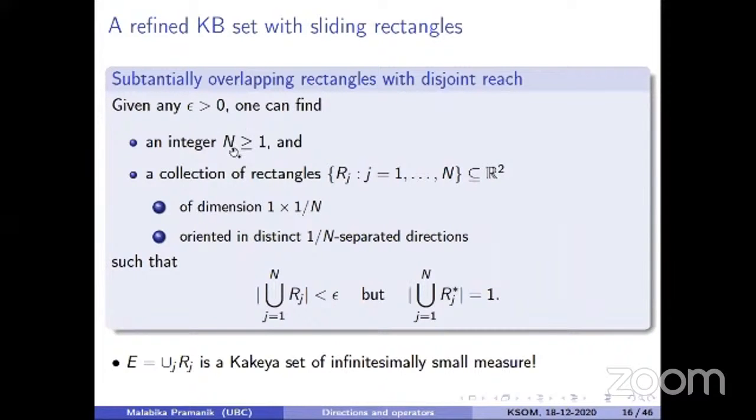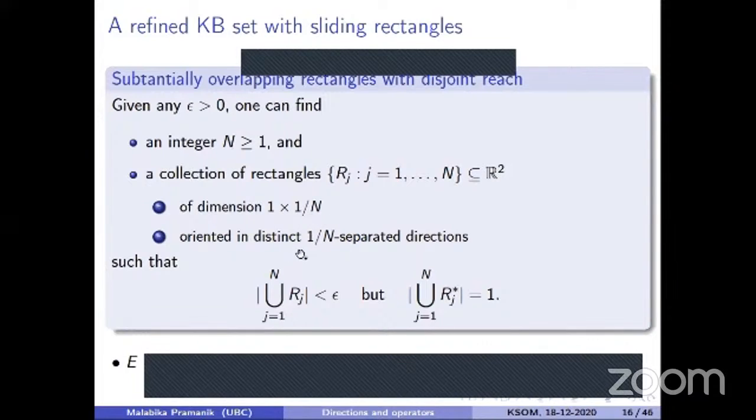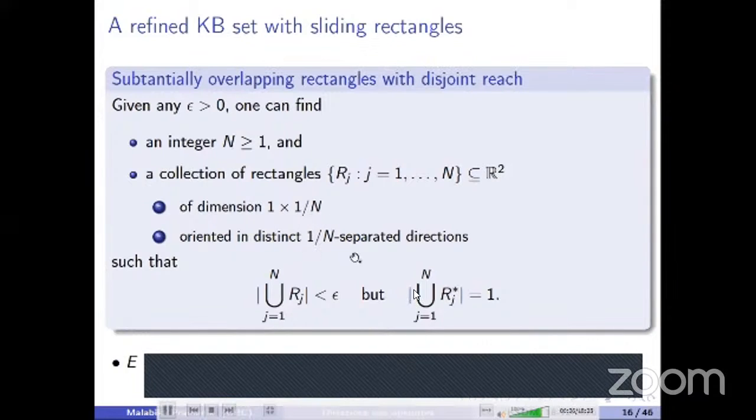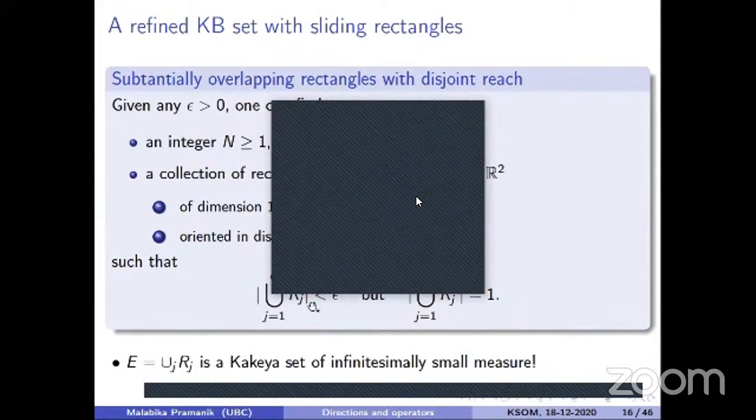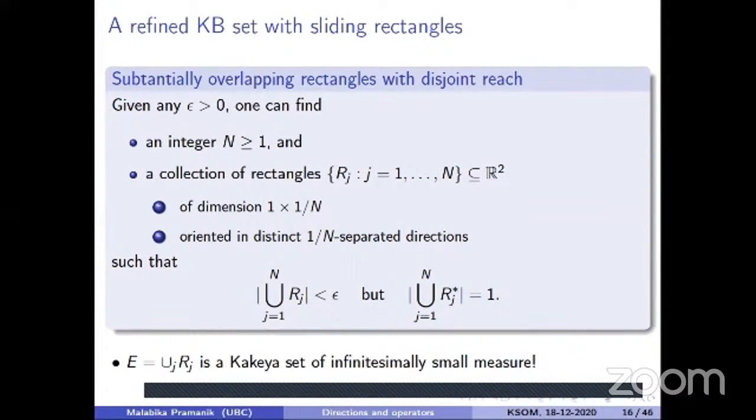Then one can find an integer, capital N, and a collection of rectangles R1 through RN, each of length 1 and width 1 over N, oriented in distinct 1 over N separated directions, such that their combined size is less than the prescribed epsilon. This means that the union of the rectangles Rj is a Kakeya-Besicovitch set of Lebesgue measure less than epsilon.